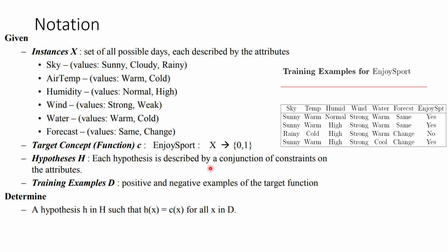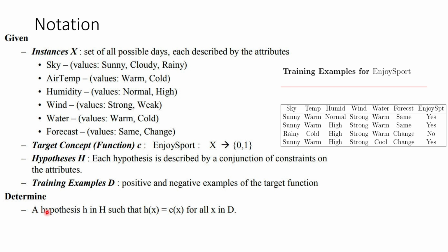A hypothesis is described by a conjunction of constraints on the attributes. These are all the attributes, and these are the constraints. This gives you a hypothesis. The set of all of these is the training examples, which are positive or negative.